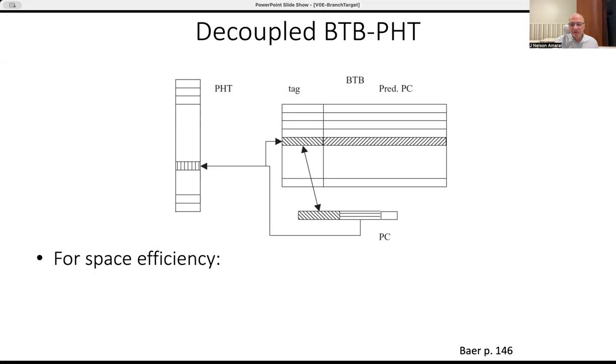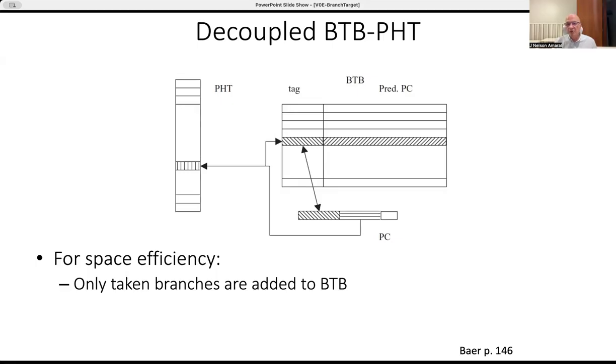Some of the things to consider is that for space efficiency, I could enter in the BTP only the branches that are taken. I would not enter the target address of not taken branches into the BTP. Consider, for example, a branch that's executing a loop, and that branch is never taken.